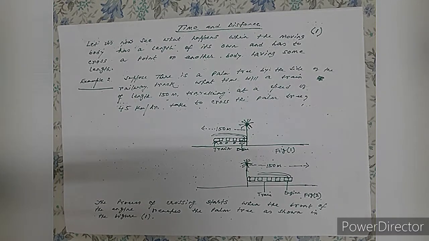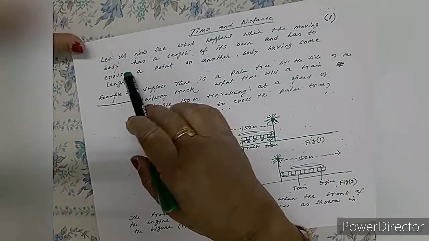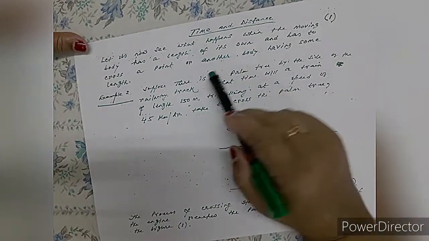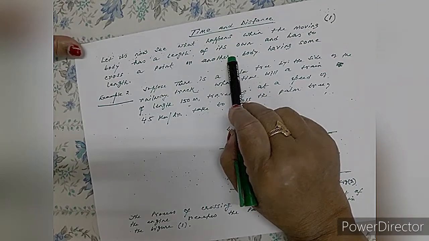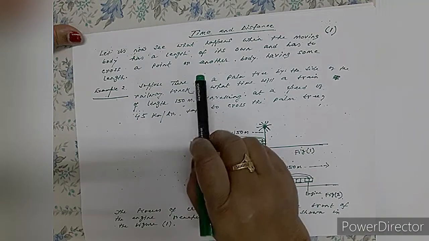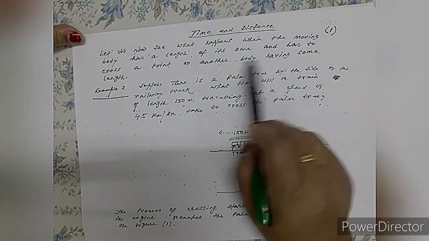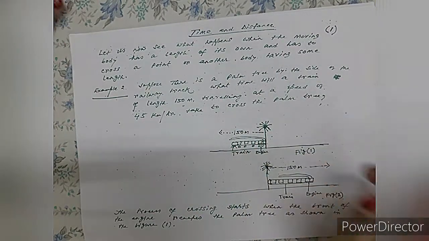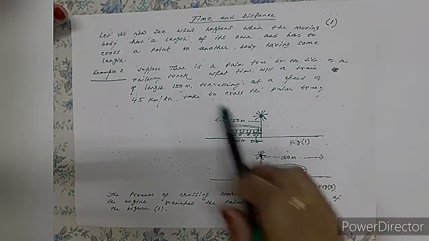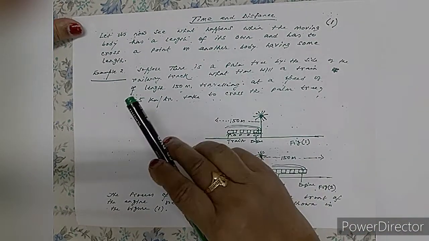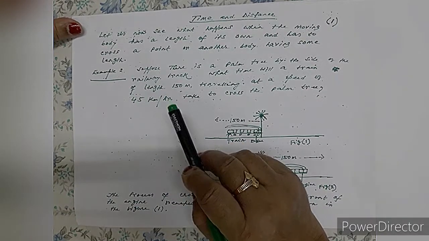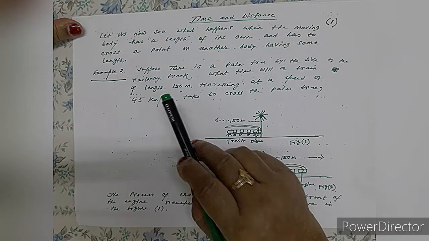Let us now see what happens when the moving body has a length of its own and has to cross a point or another body having some length. In the last session I already discussed how to calculate the speed and the distance.